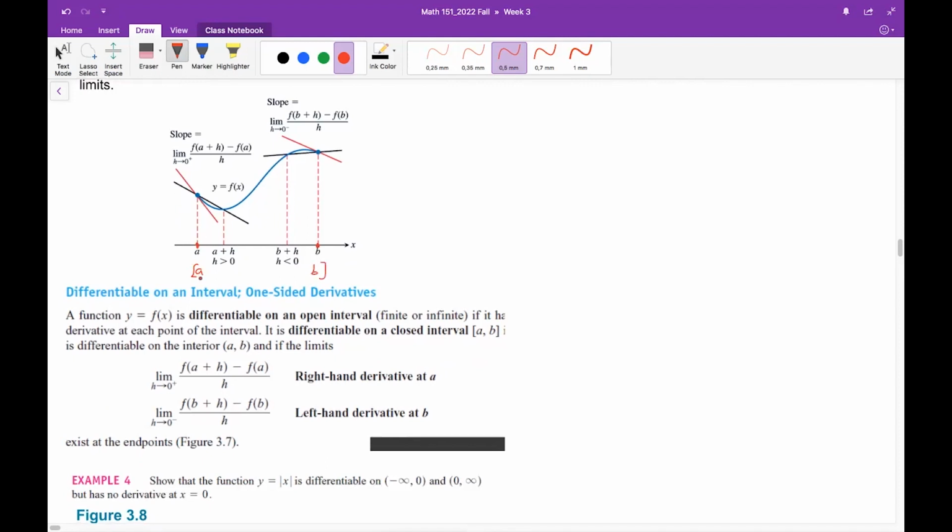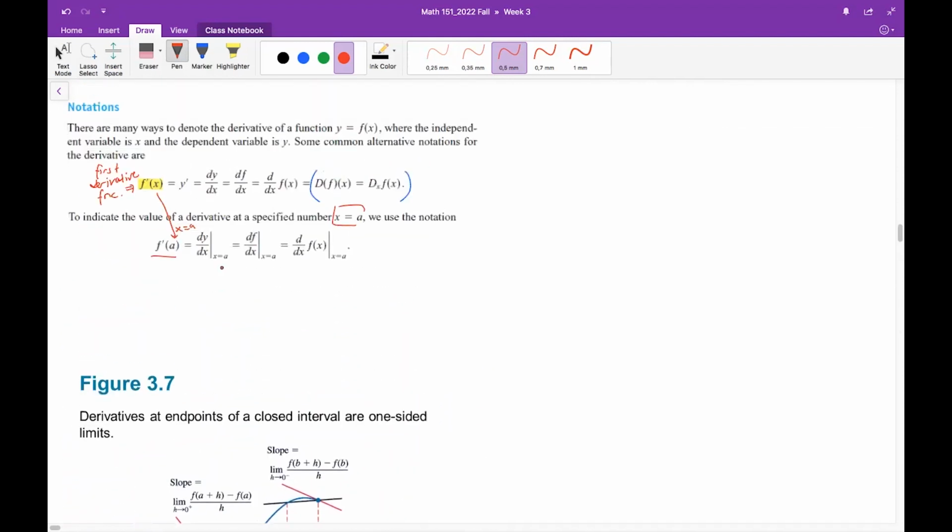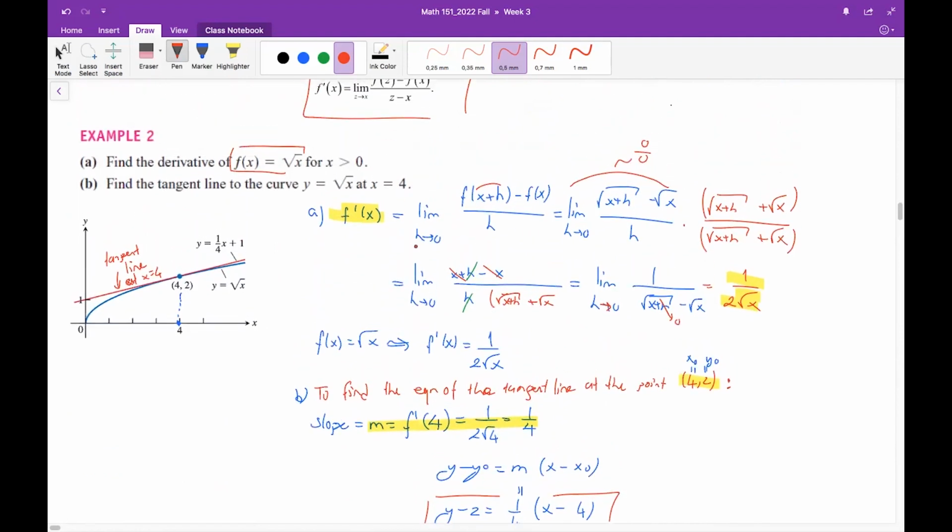What if we want to compute the first derivative at this left-hand point or at this right-hand point? Keeping in mind that your function is not defined out of this interval. So f is not defined over here, and f is not defined over here. That's why at the endpoints, you need to be careful about this limit.